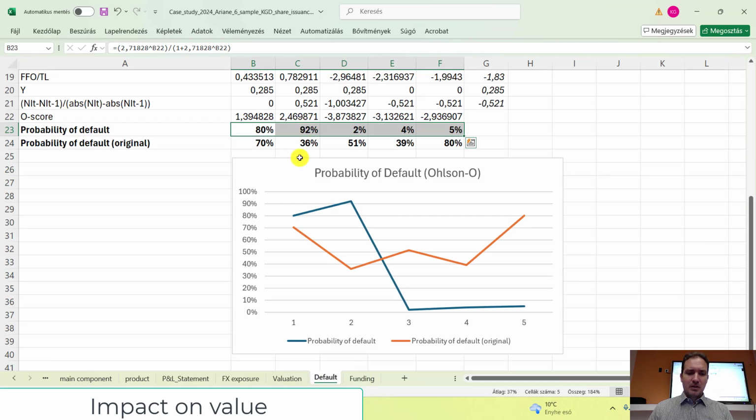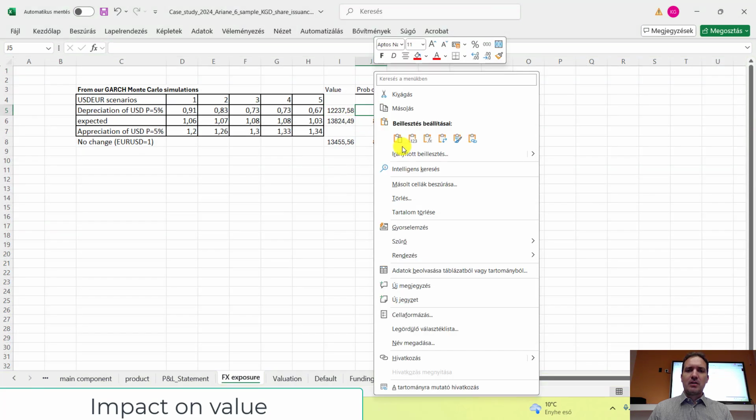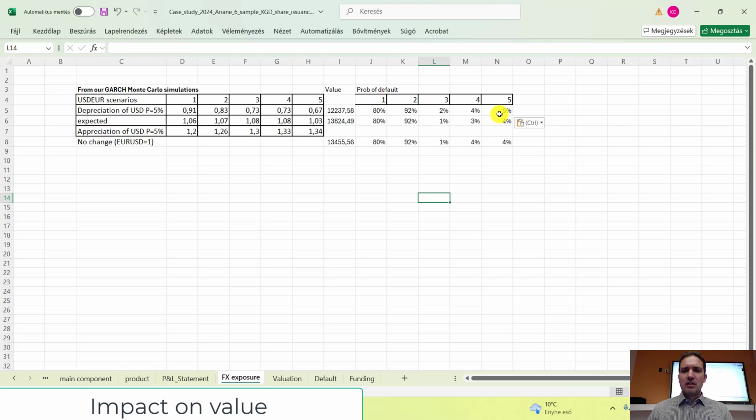Probability of default should not be affected that much. 1% increase here. But yeah, anyway, still we can see that even if we have really serious depreciations of the US dollars, which reduces our margin, the company is still operational and still has value because we already consolidated the operation.